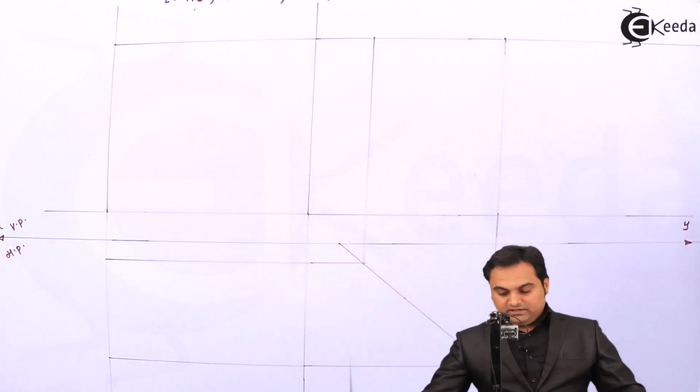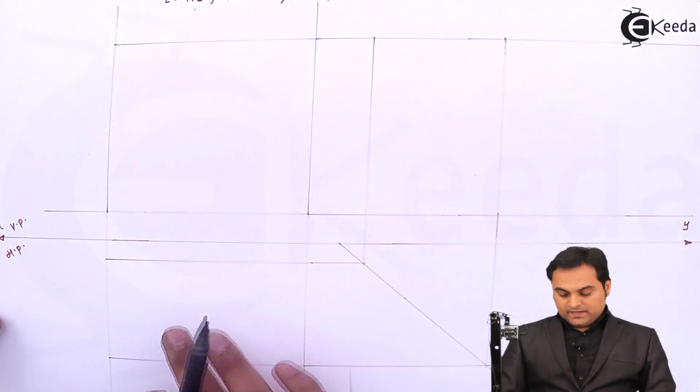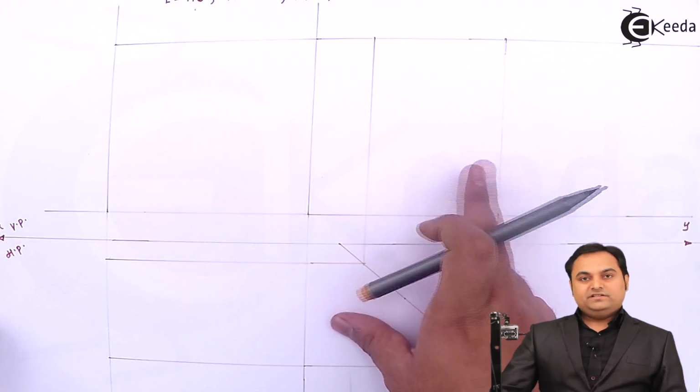Now inside this rectangle I'll draw the side view. So here will be front view, over here top view, and over this side view.